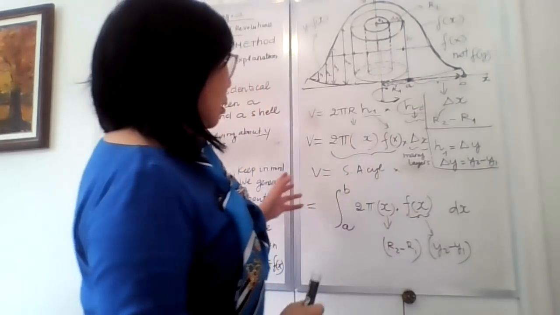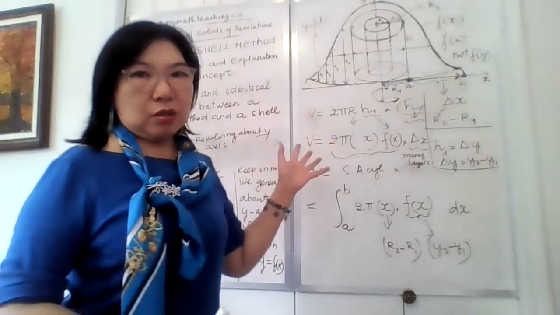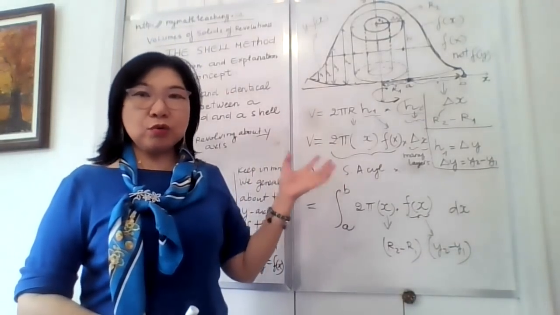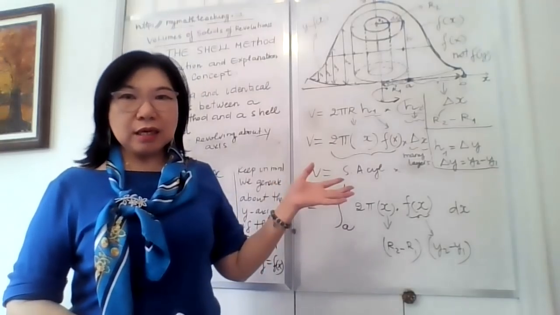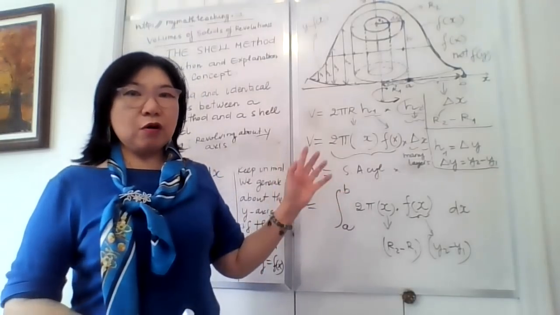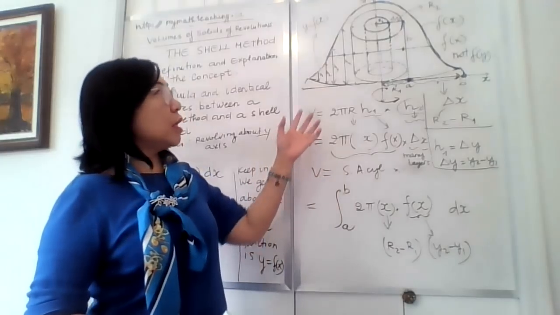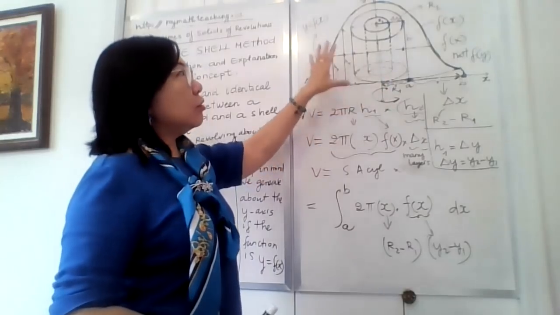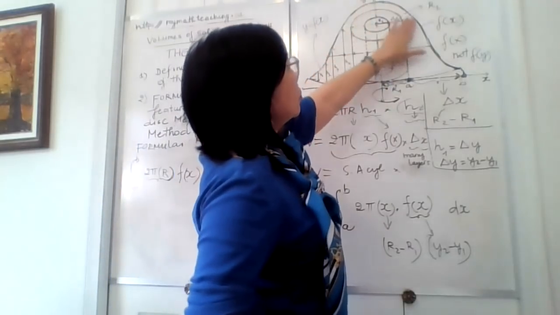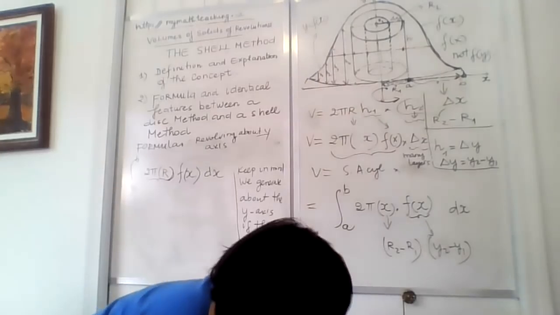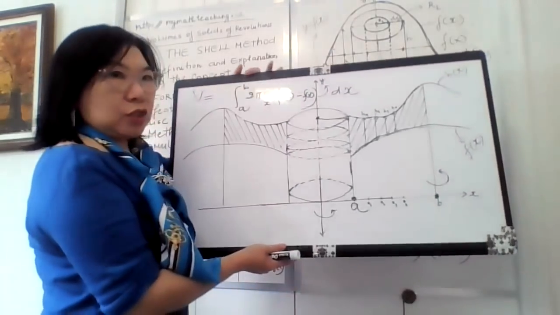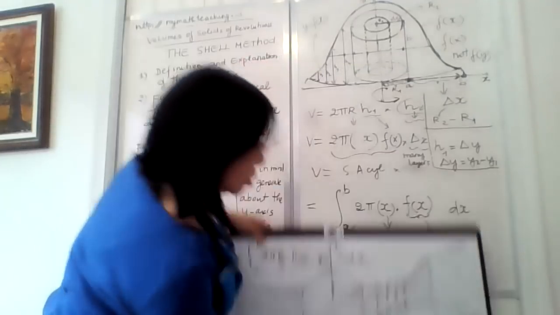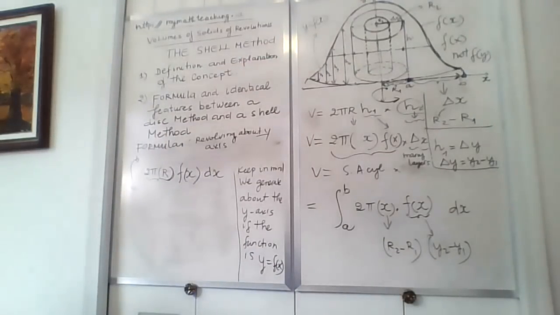So this is just an explanation of what the shell method looks like, how we do it, and what the formulas are for generating the region under one function and under two functions like this.